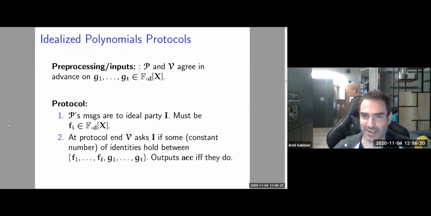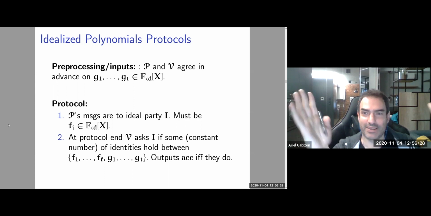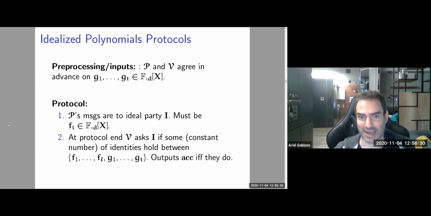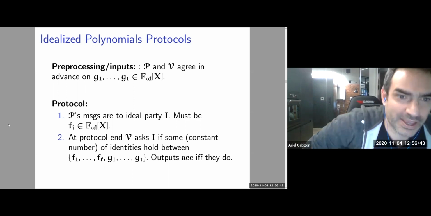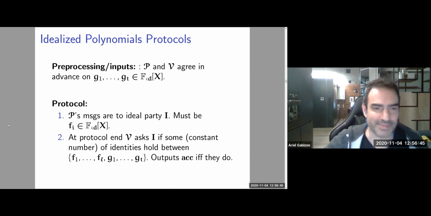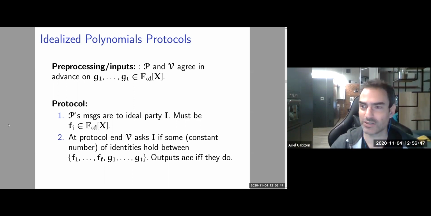Okay, so especially if you didn't follow the last discussion, that's been sort of the motivation for the model that I'm showing you now, which is sort of the model I'm plugging, you could say. This is something I call polynomial protocols, or idealized polynomial protocols. So what does such a protocol look like?